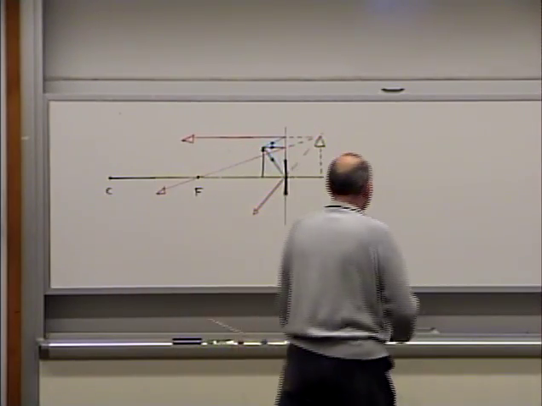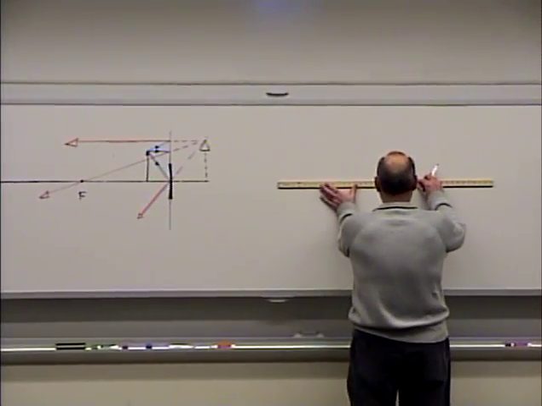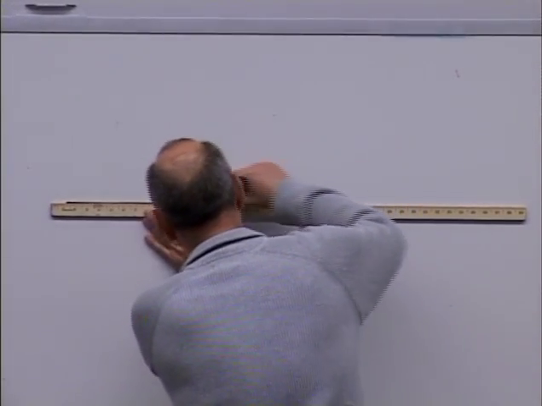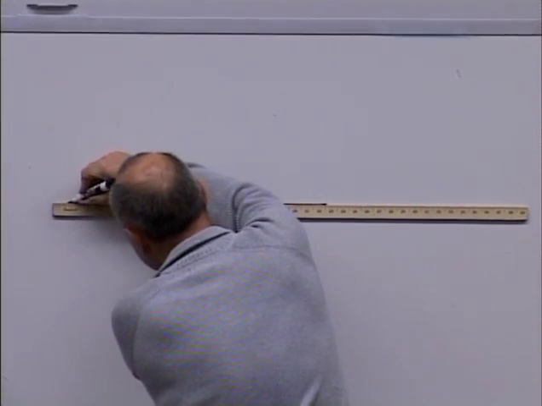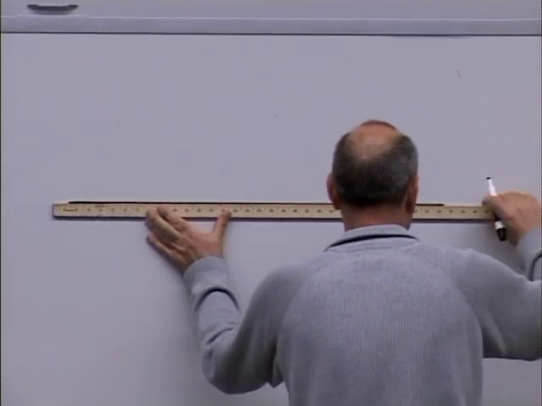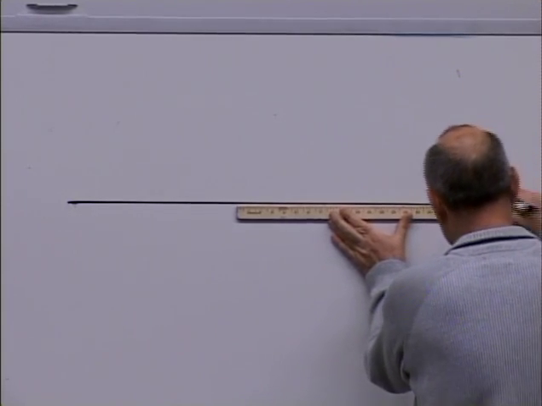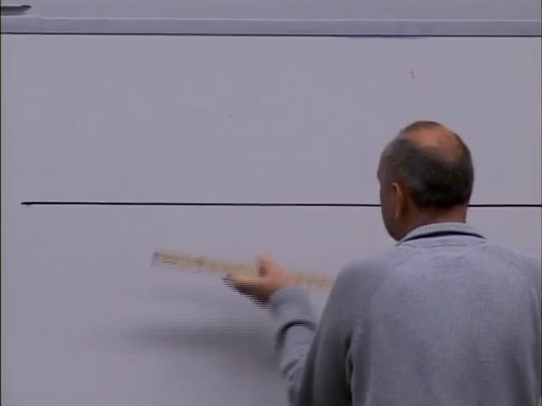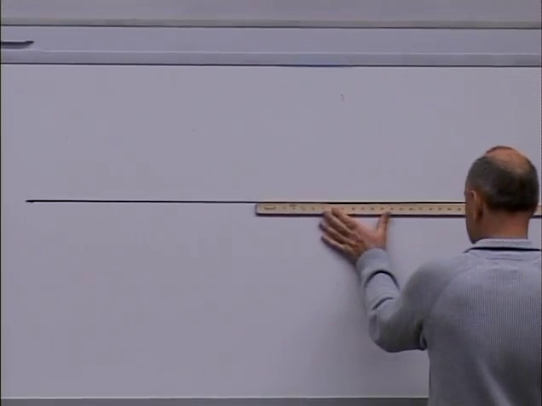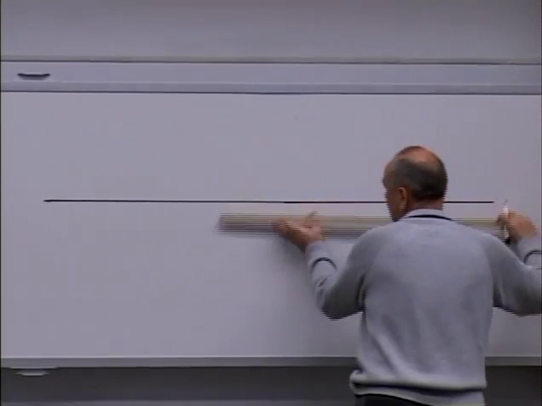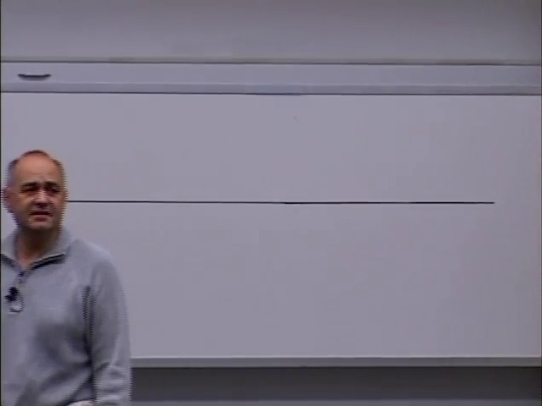And why don't you actually even come up with a task? So let's say that I'll just draw the principal axis on which we want to have things, and come with an idea where would you like to place an object.